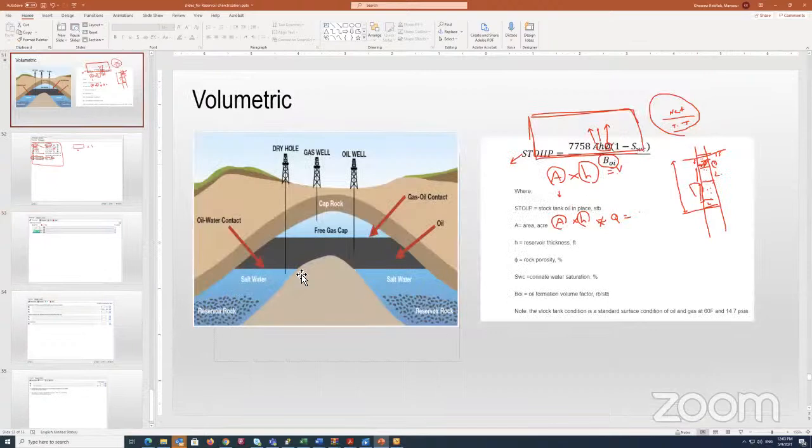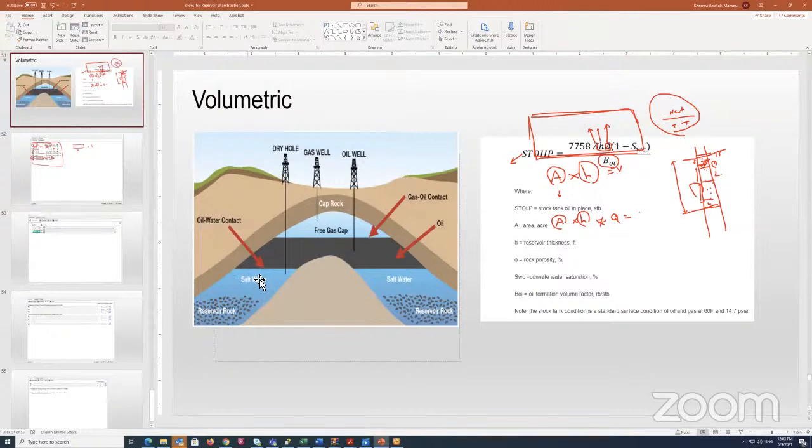For example, that's the oil water contact. Based on that, you can say that this is the net volume, because we have the porosity here, but this porosity is occupied by the water, by the salt water. So you must eliminate that volume, and after that you calculate the volume of the reservoir.